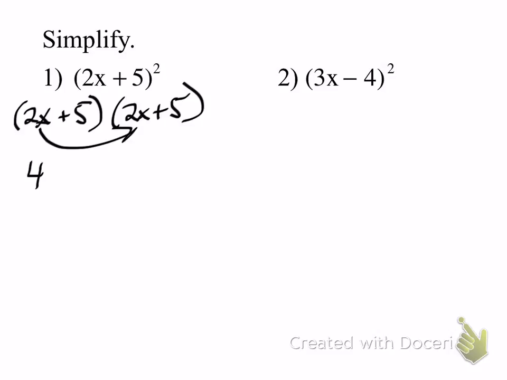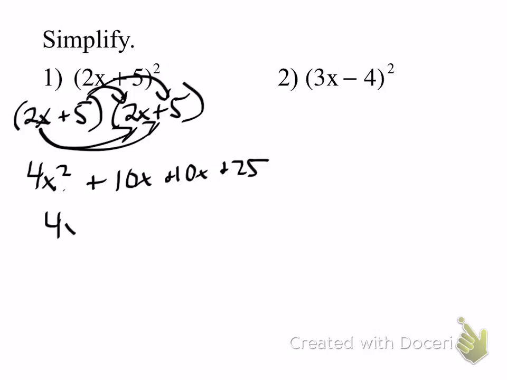4, what does it equal? 4x squared. And then when I go here, what does that equal? Plus, Ryan, 10x. I'm going to do it here, plus 10x, and plus 25.